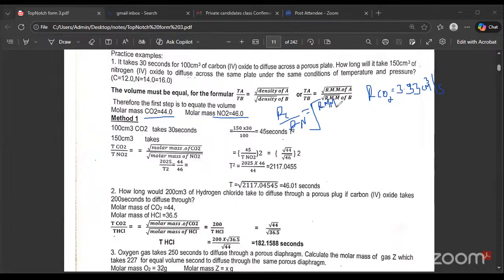So I'm using method 2. There's no problem. RMM now of N over RMM of CO2. I'm saying N instead of writing NO2, which takes a long time. So tunaweka rates, tuko na ya huyu, which you have 3.3.